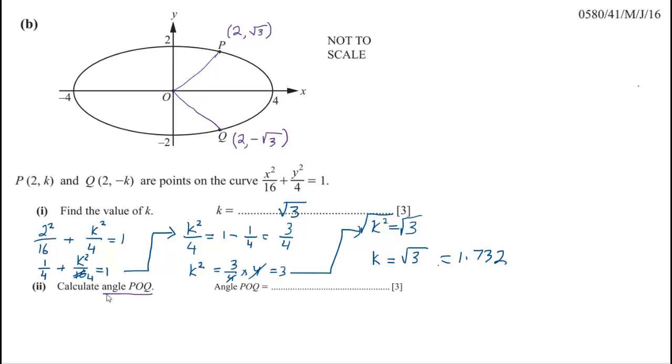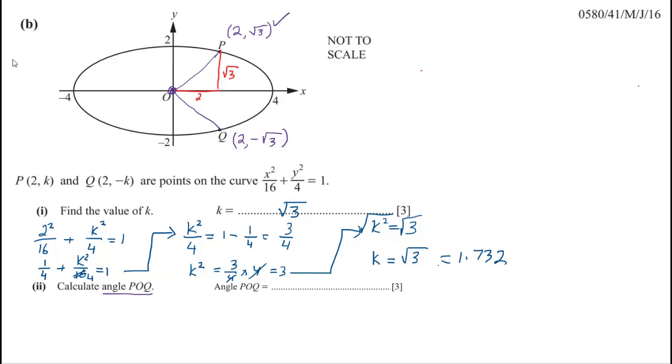And student, if you observe these coordinates, this is (2, under root 3). How have we found this P? So if you are here, this distance is 2, and then this distance is under root 3, isn't it?